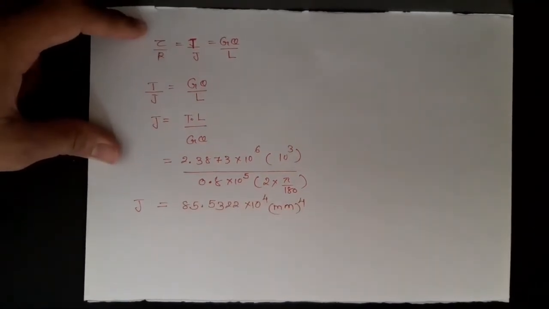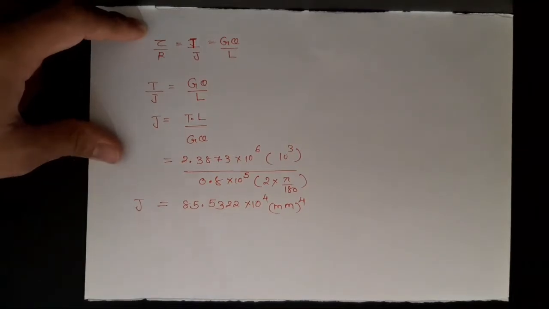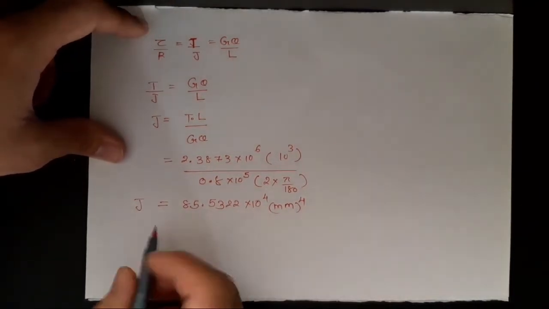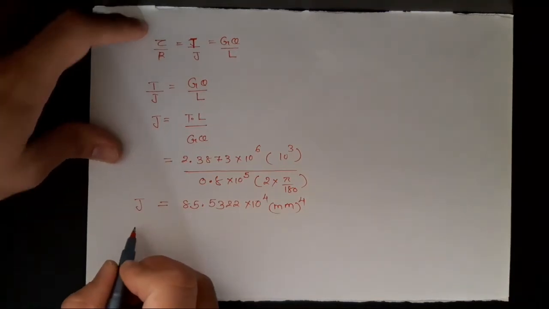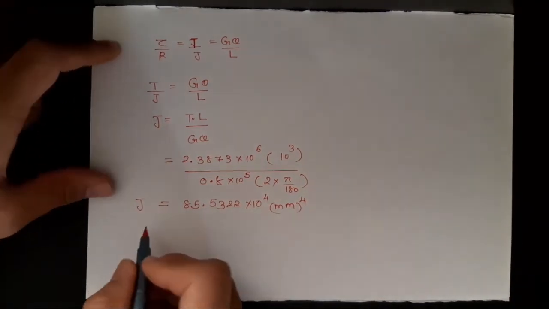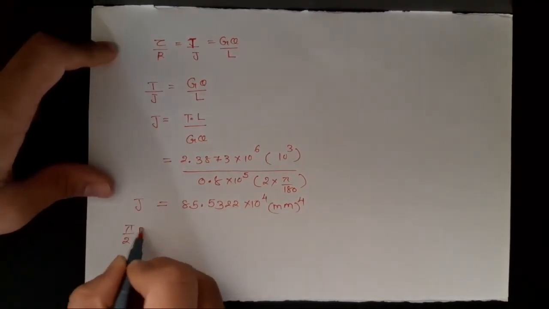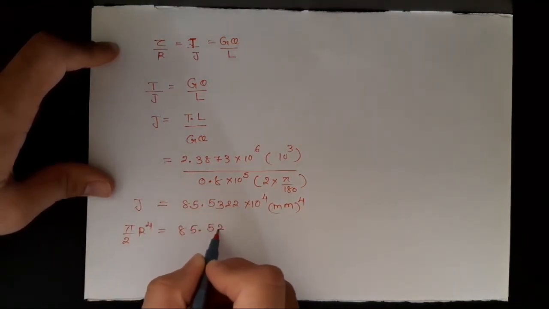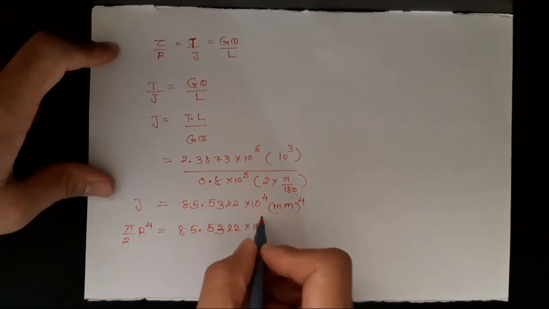The value of J is equal to 85.5322 into 10 raised to 4 mm raised to 4. As we know, the polar moment of inertia of a circular cross section is pi by 2 into r raised to 4, which equals 85.5322 into 10 raised to 4.